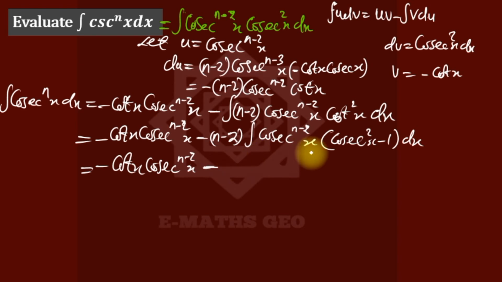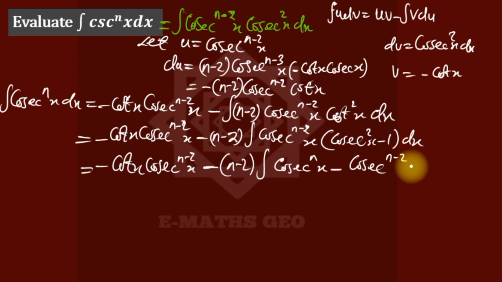Let's just open this. The integral of this times this is cosec x raised to power n minus cosec x raised to power n minus 2 dx.